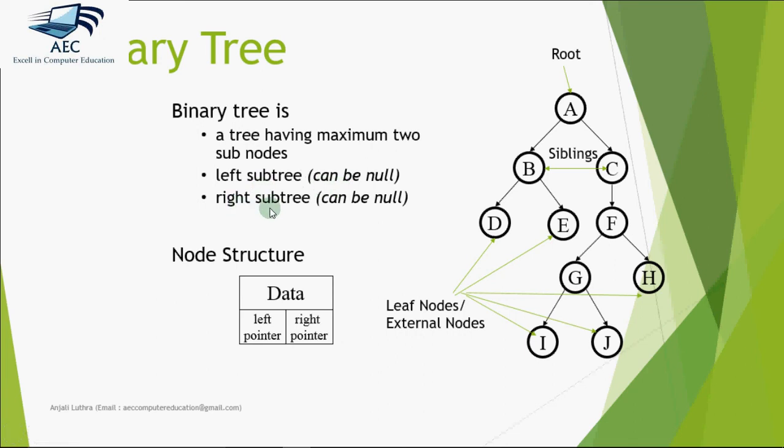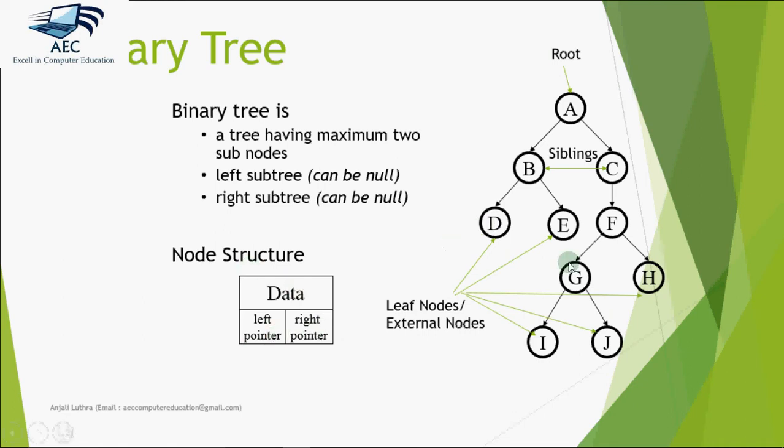There would be a right subtree for a node, and in case there is no right subnode, it should be null. So a binary tree has three things in every data element, that is the data to be stored, a pointer which will store the address of the left subtree, and a pointer which will store the address of the right subtree. So that makes a node structure for a binary tree.